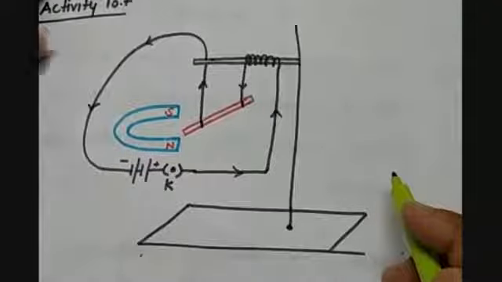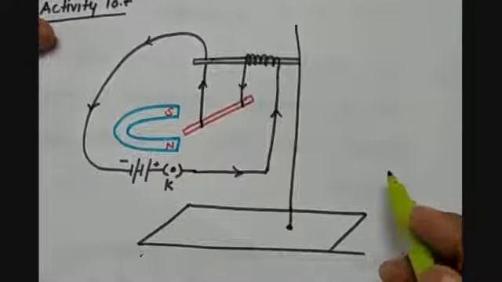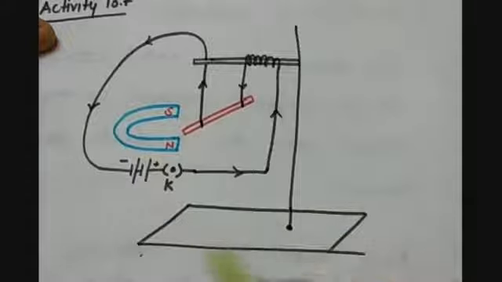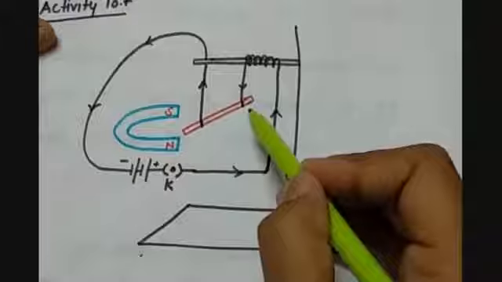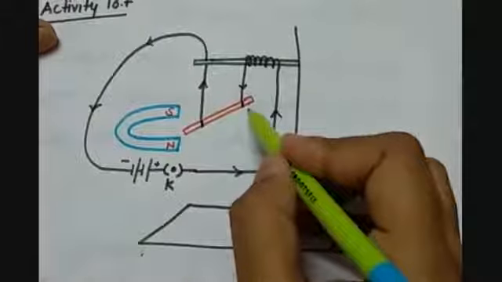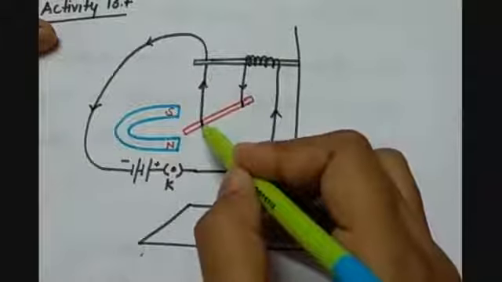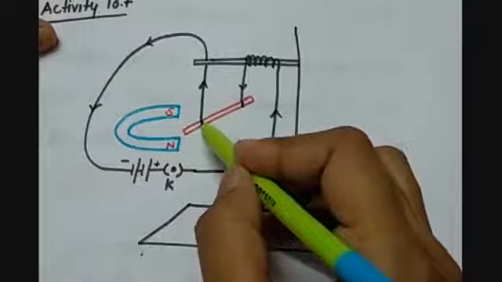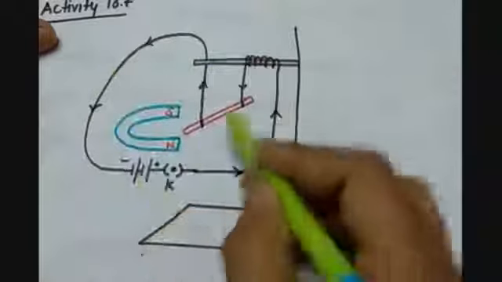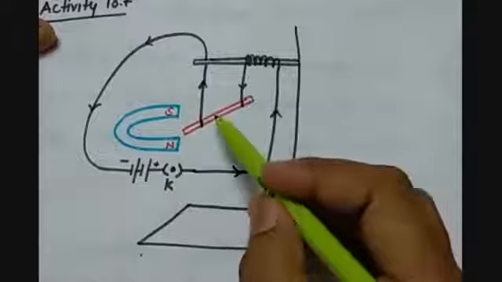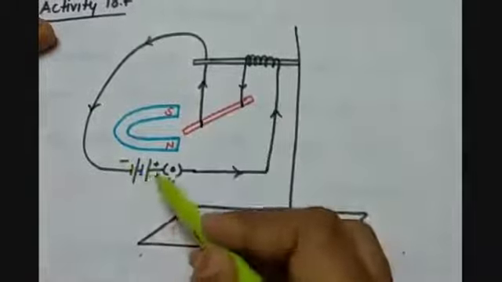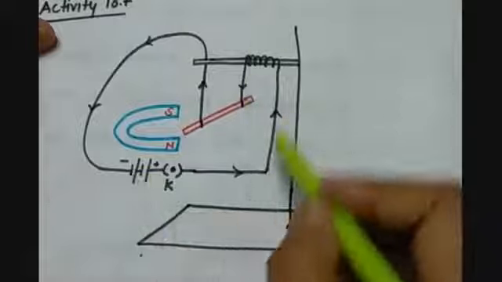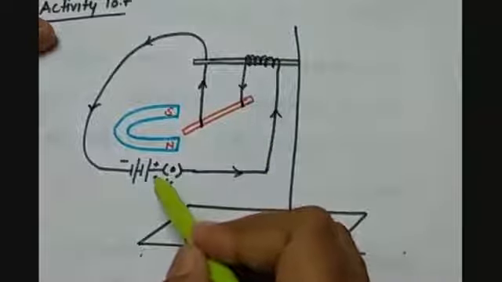So dear students, just pay attention here that we are having a stand, and here we are having an aluminium strip, and this aluminium strip is connected with the help of conducting wires with the battery. One terminal is connected with the negative terminal, and one is connected to the positive terminal.